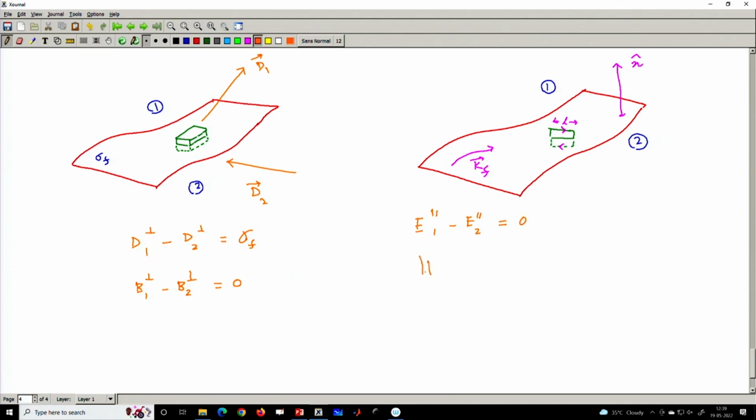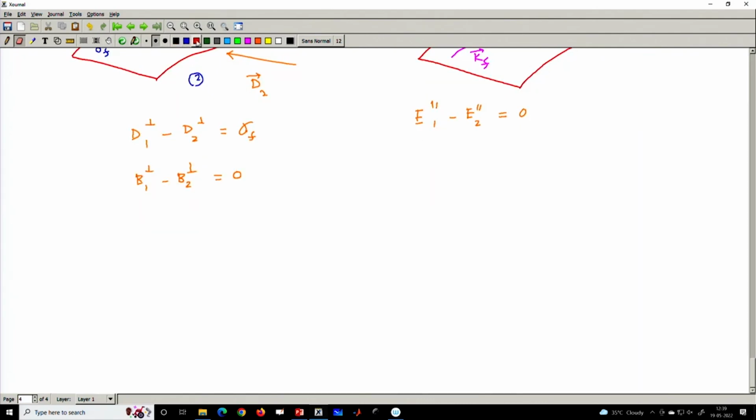And if you calculate in terms of H, it should be H parallel 1 minus H parallel 2, which should be equivalent to Kf cross N, because If, the free current, is simply Kf dot N cross L, and that is Kf cross N dot dl.